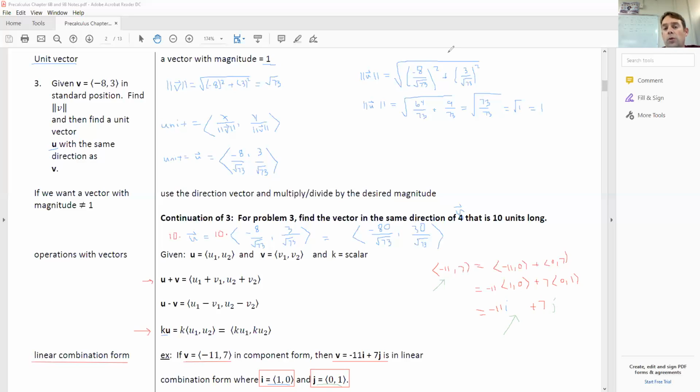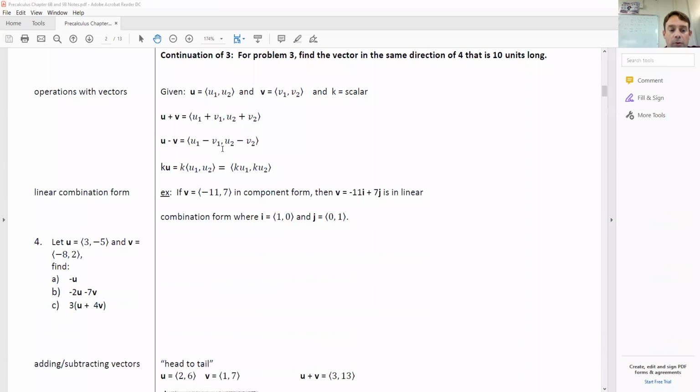So we're going to play with this idea a little bit now. And like I said, we're just going to be doing some different things here. I want to add one more little bit to this as well. Let u be 3, negative 5 and v be negative 8, 2.